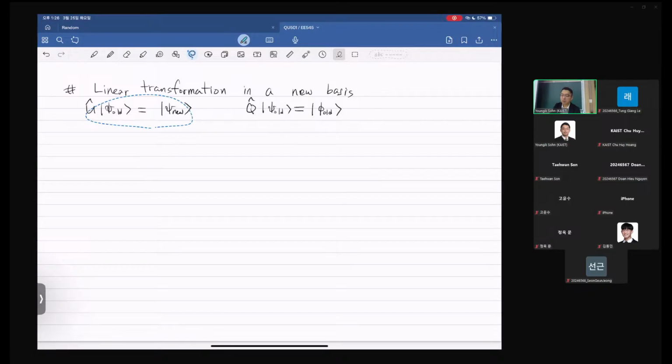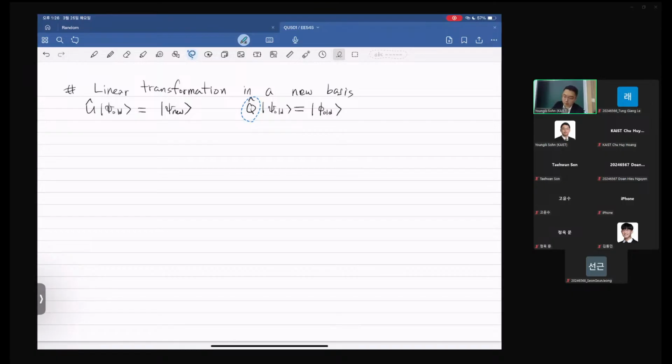This one is what we just saw: the same quantum state represented in a new basis, and that U is what converts the coordinates. This Q is the real action, whatever the operator is, differentiation or multiplication.